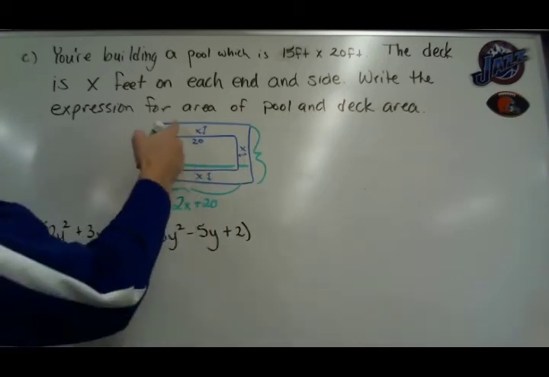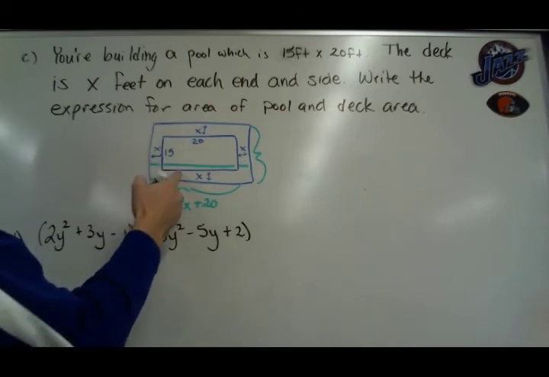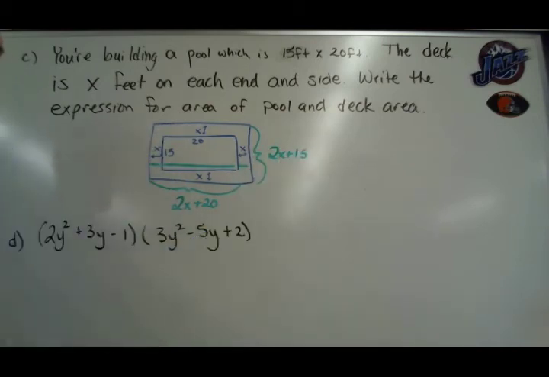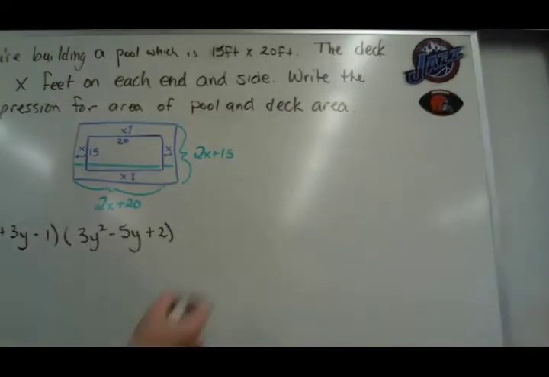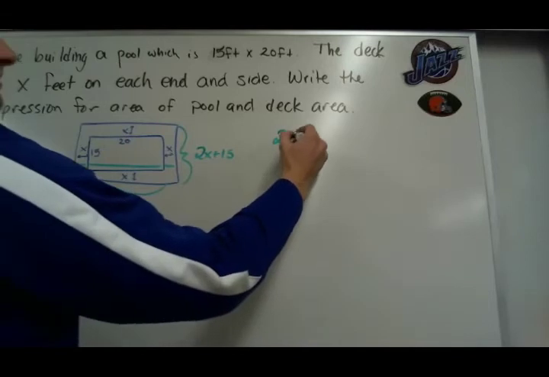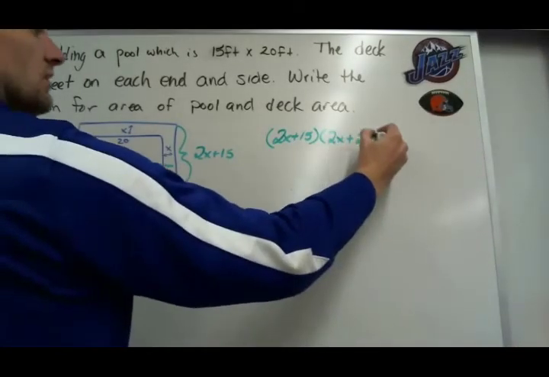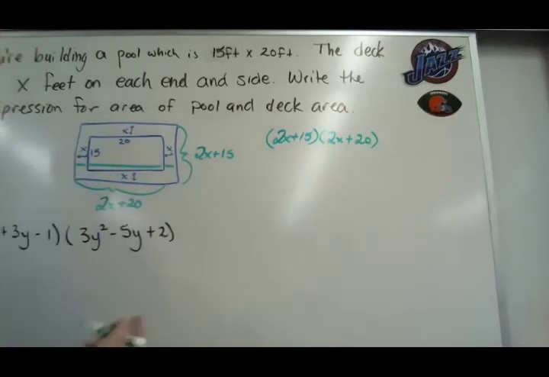The width is going to be x plus 15 plus x, which is 2x plus 15. Now we have our length and our width. To find area, we multiply them together. So you take your 2x plus 15 and your 2x plus 20, width and length, and multiply.